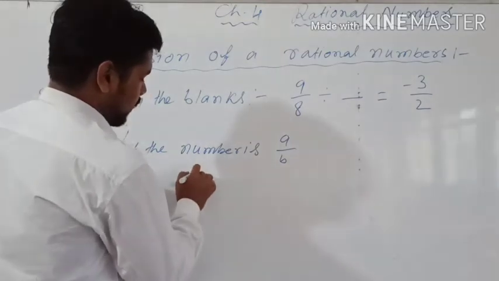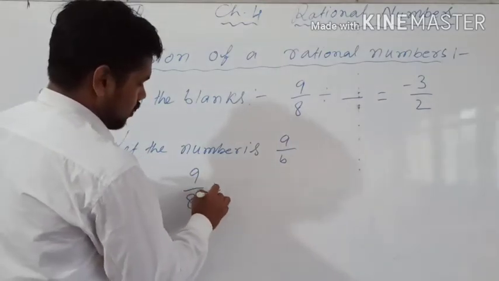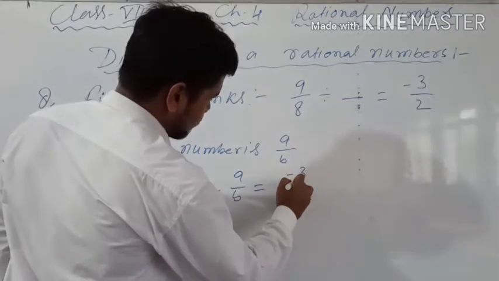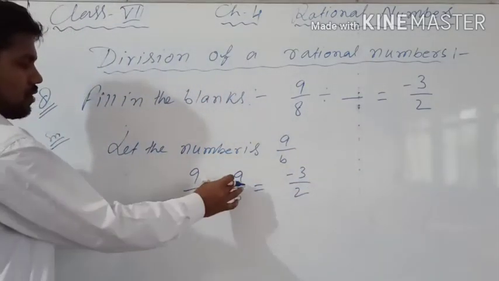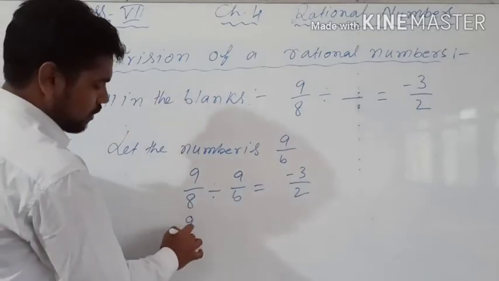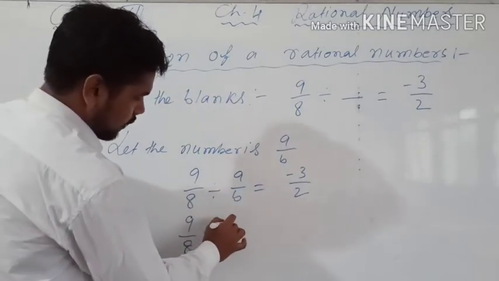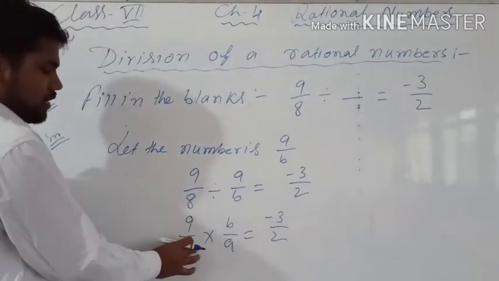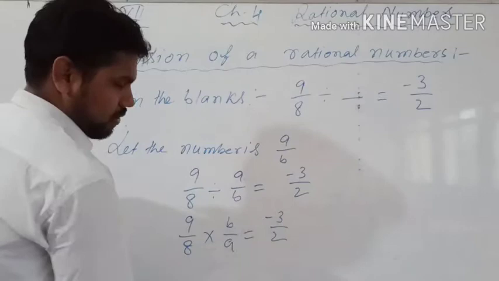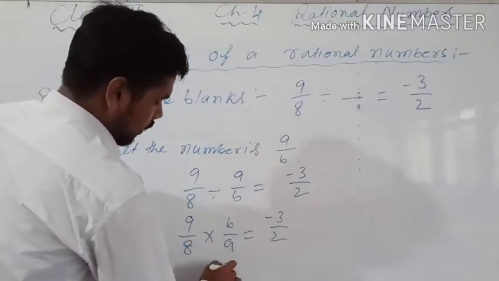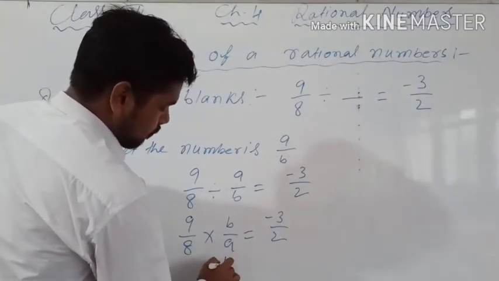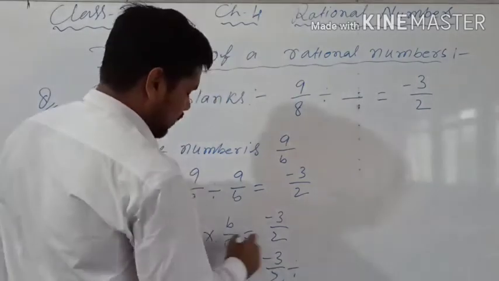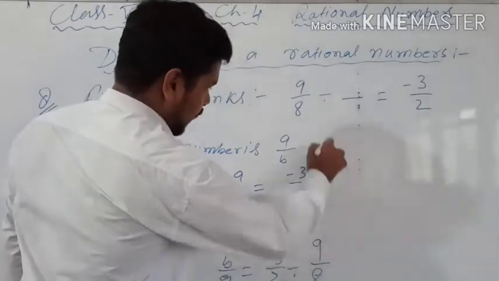Then it will be 9 divided by 8 divided by a by b is equal to minus 9 by 2. Now this will be the reciprocal of this, so 9 by 8 multiplied by b by a is equal to minus 3 by 2. Now this comes to the other side, and it will be divided. So b by a is equal to minus 3 by 2 divided by 9 by 8.